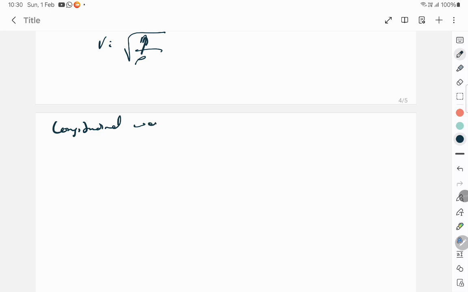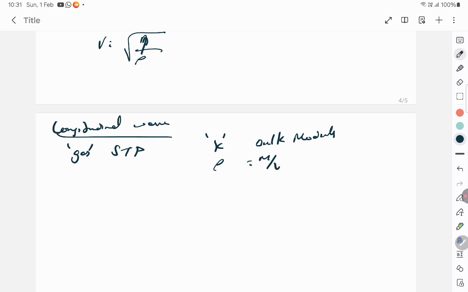A longitudinal wave, obviously you can't create it in a string. String produces only transverse waves. So longitudinal waves are produced in gas or in air. Let's take it at standard temperature and pressure. Let's analyze the speed. The factors you have in gas are K, which is the bulk modulus, and density, which is mass per unit volume.